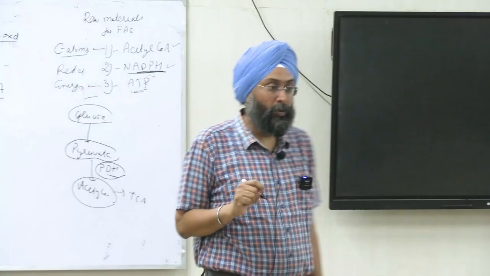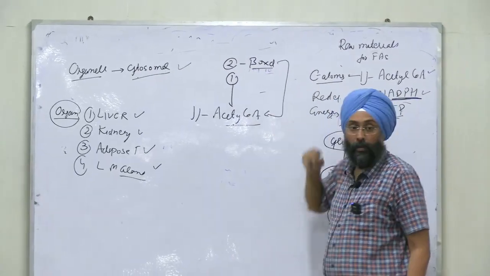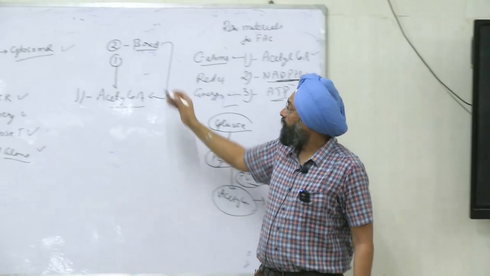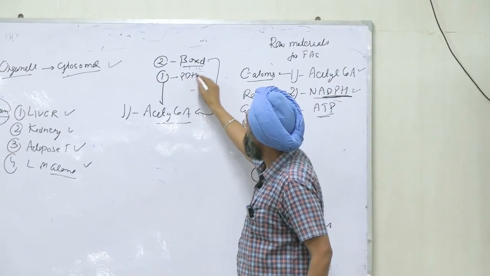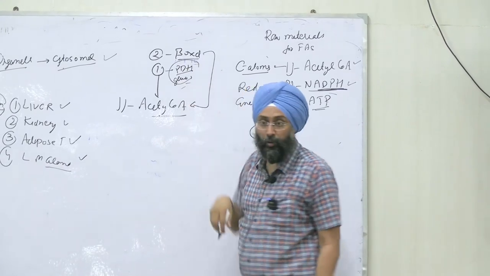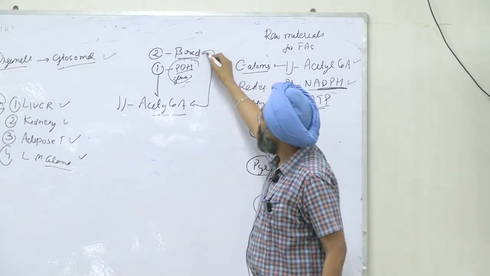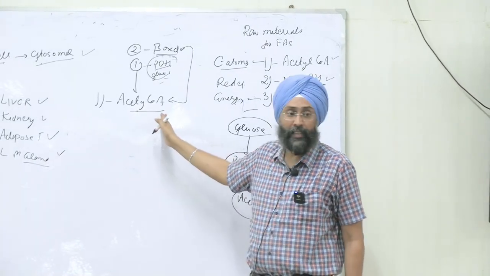Acetyl CoA and acyl CoA, right? And acetyl CoA will also come from beta oxidation. First source is pyruvate dehydrogenase complex via glucose, right, to form acetyl CoA, right? Second is beta oxidation of fatty acids, we will get acetyl CoA, right?